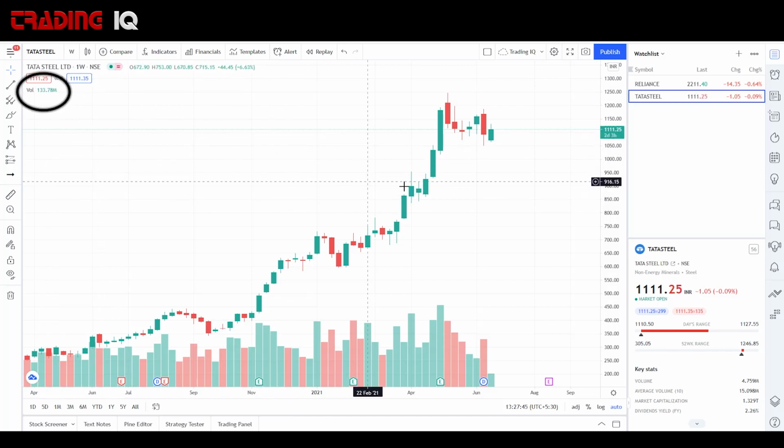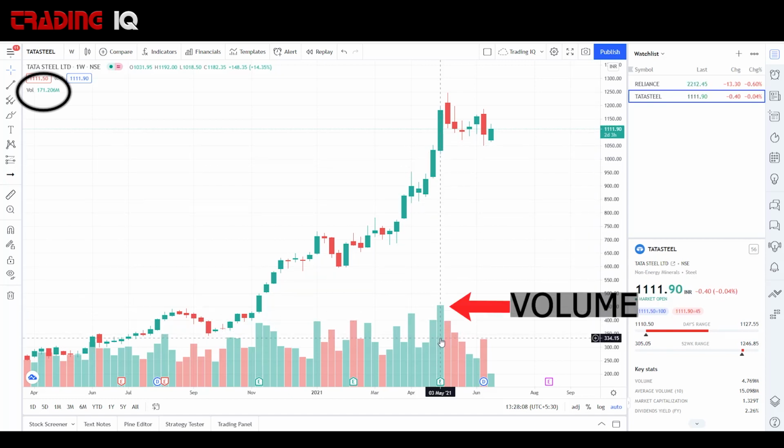So you would look for volume here. Similar to when you wanted to see the price action, you would just hover around. You would see the price action in this section, and you would find the volume here. So let's put our mouse cursor on one of these green candles. Let's suppose this candle. Look at the candle that formed that week, because we are looking at a weekly time frame, right?